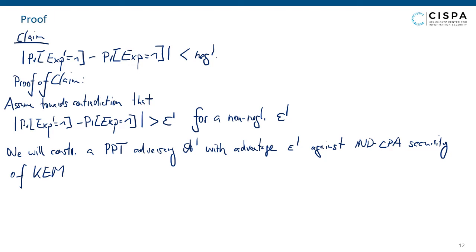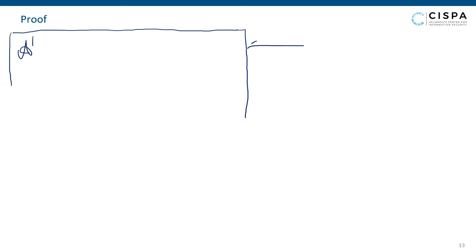How are we going to do this? Our adversary A prime looks as follows. A prime is an adversary against the IND-CPA security of the key encapsulation mechanism. So its experiment gives it as input, let's say, pk, c1 and a key k asterisk.